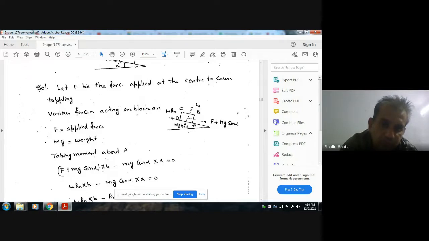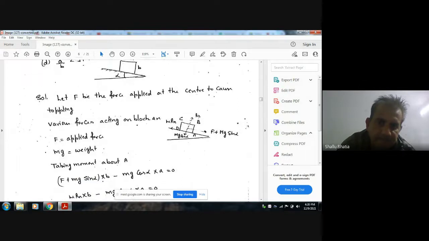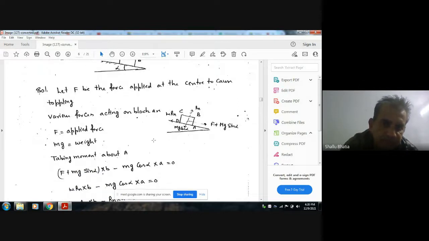So taking moments about it: F plus mg sin alpha into b, minus mg cos alpha into a, or we can say it will be b by 2 and a by 2, because the 2 cancels out. So mg sin alpha is equal to mu RN, so we can put it in.